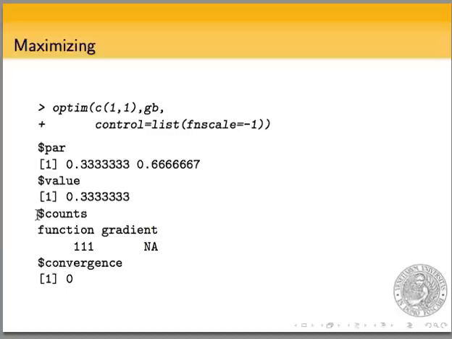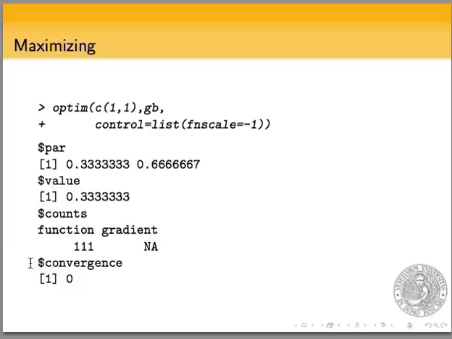You have the number of function evaluations and the number of the, let me say, partial derivative evaluations. In this case, the maximization algorithm was just computing values of the function, and you could get the maximizer that you see here through the computation of 111 values of the function.